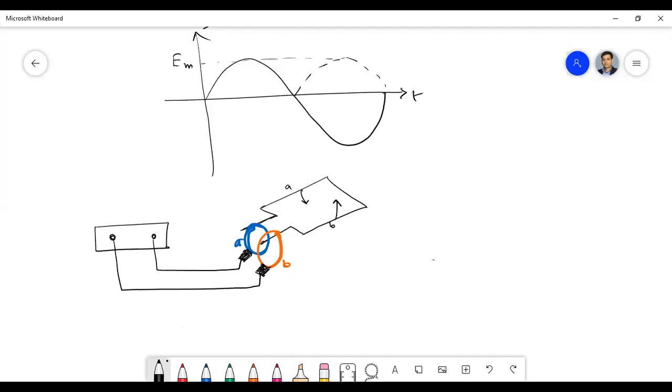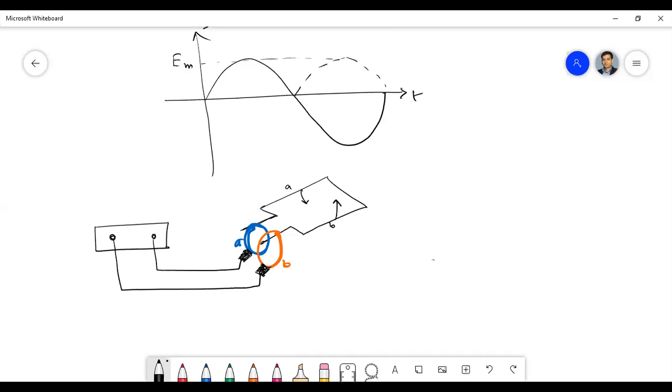Now when this a and b rotate, these two rings will also rotate with the small a and small b coil sides. Do you understand? That means the a coil side will be always in touch with A, and the B coil side will be always in touch with B. There is no connection between small a and small b, these two rings.